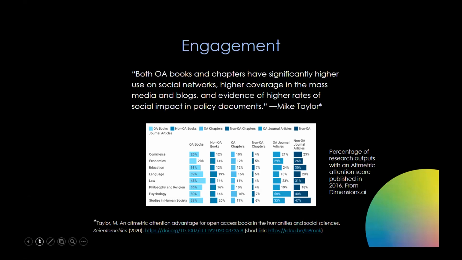This chart here is from that article, and I won't go into it, but it does show that when a book is available open access, the amount of engagement in the altmetric world significantly increases. Next slide, please.